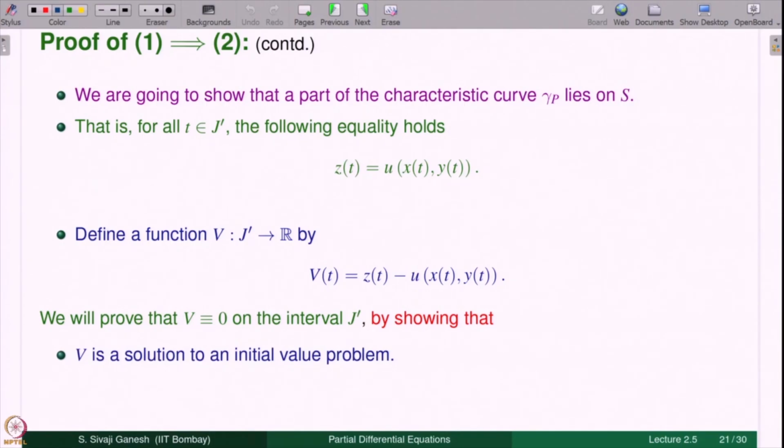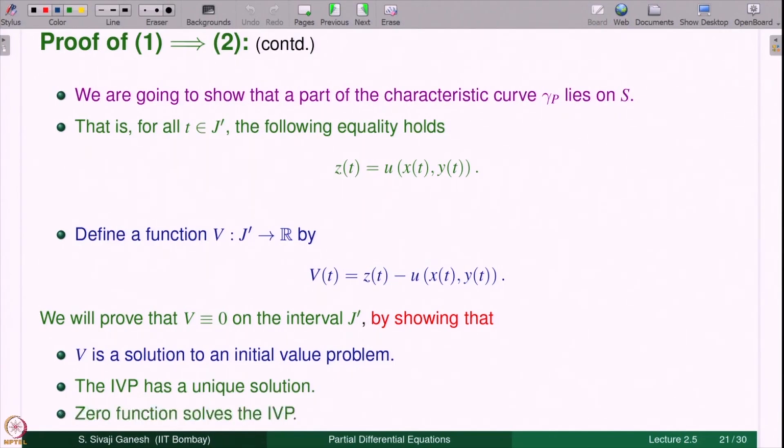We will show that v is a solution to an initial value problem, we will construct or design that initial value problem, and the initial value problem has a unique solution and 0 is a solution to that. And the way we have constructed the initial value problem shows that v is already a solution. We are also showing that 0 is a solution. Therefore, v must be identically equal to 0, and we have shown that z(t) equal to u(x(t), y(t)) holds for t in j dash, that means 1 implies 2 is done.